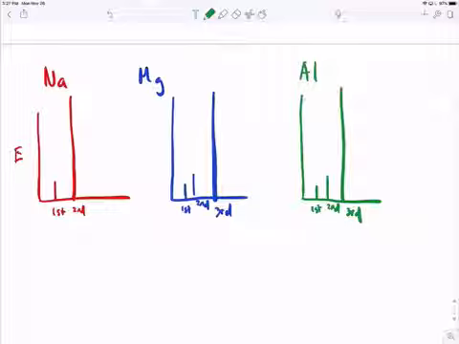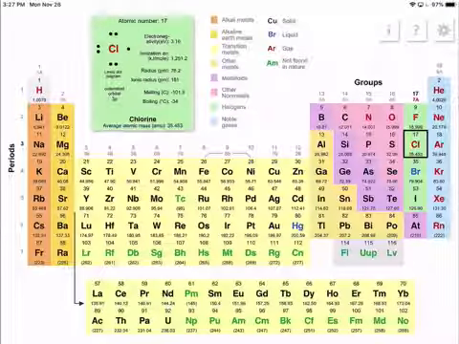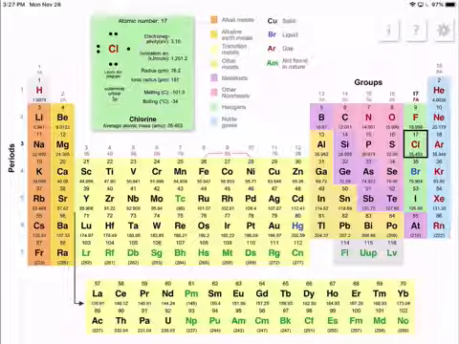And the reason for this is if you look to the periodic table. When sodium loses an electron, it becomes like neon. So the first electron's not so hard to rip off. But then the second one, when it's neon, it's really hard to rip that one off. Magnesium, the first one's pretty easy to rip off.